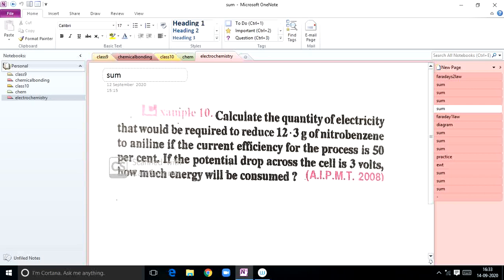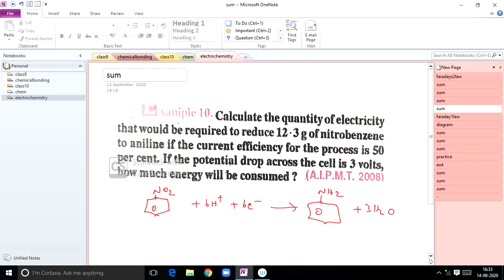This is a previous APMT bit. So here, nitrobenzene on reduction gives aniline. That is the equation involved in this, students.